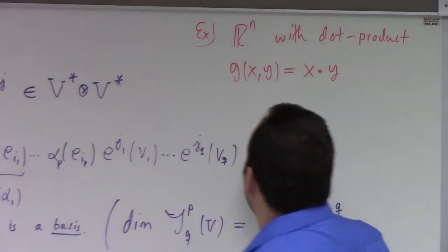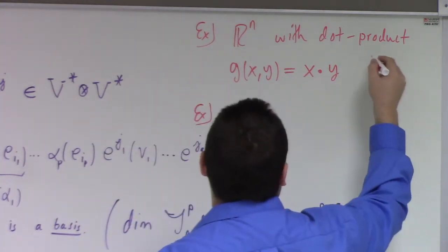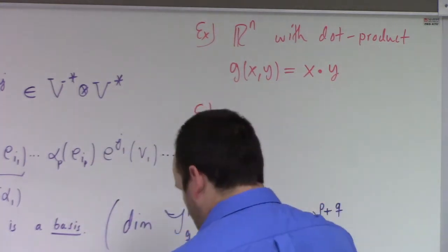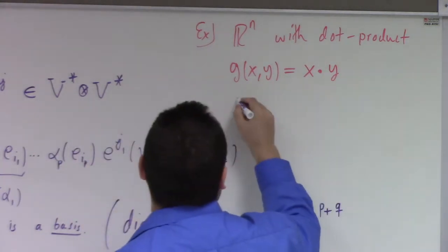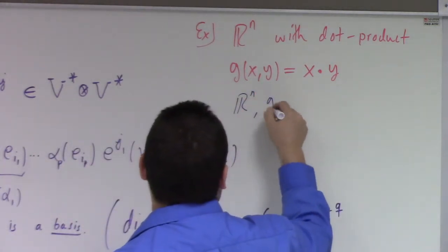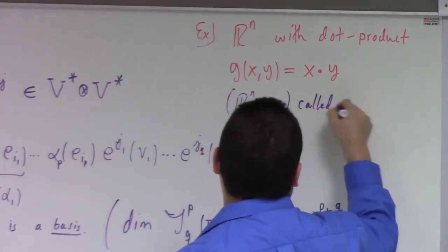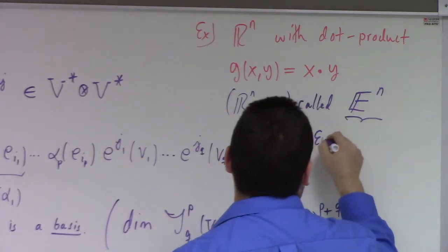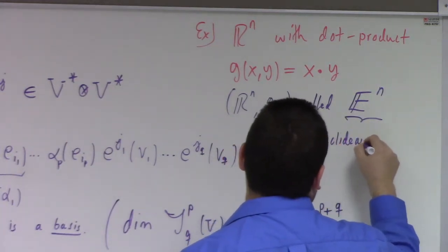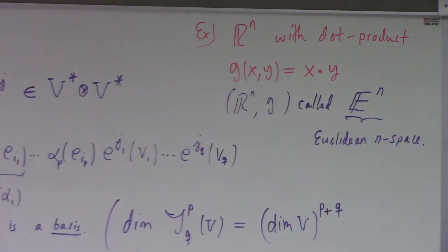If you want to associate Rn paired with G, you can call it En. So this is Euclidean n space, which is Rn paired with the usual dot product, the usual inner product.